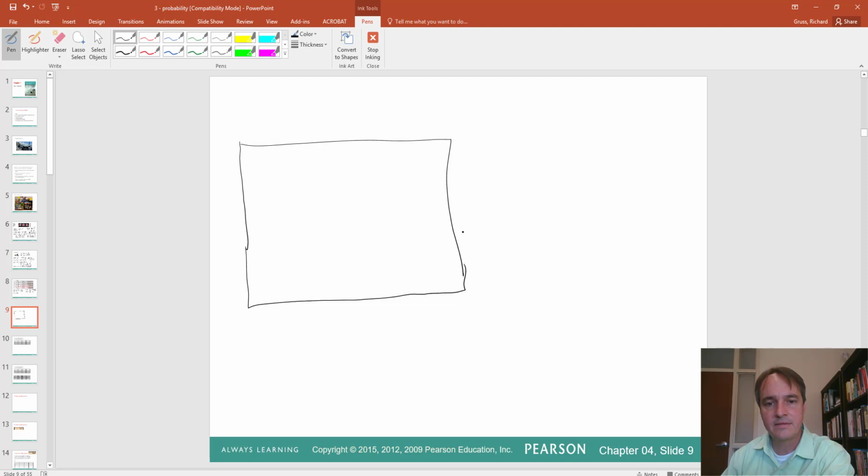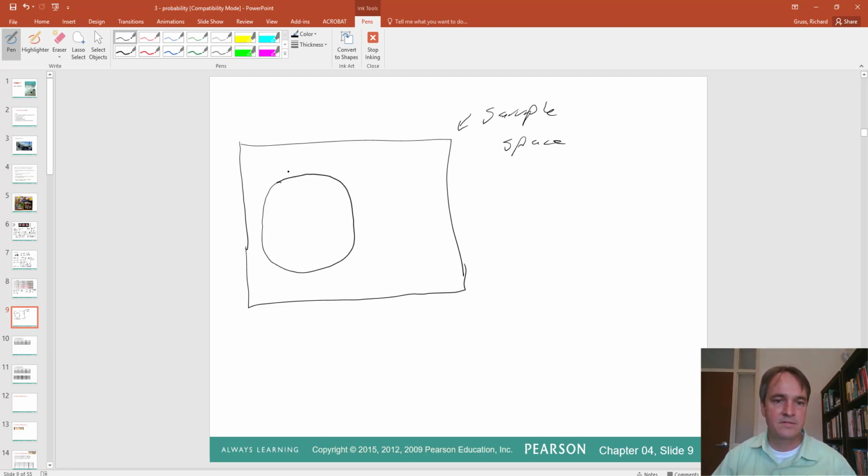This is my sample space, all possible outcomes. Okay, and so some of these, let's say, we're going to have this. So this is going to be all of the outcomes for A. Okay, so A, remember, A is the 3's.